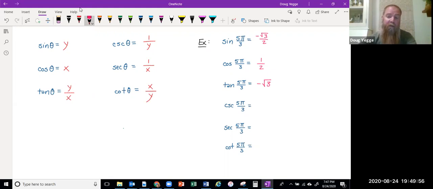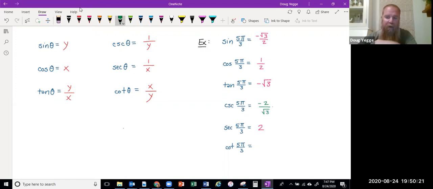So now that I have all three of these, simply from our unit circle, we can now take the reciprocal of each. For instance, the reciprocal of cosine is secant. So secant of 5π/3 is 2/1. I can see that cosecant of 5π/3 is the reciprocal of sine, so negative 2/√3.